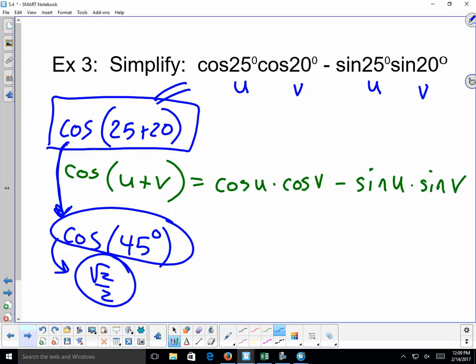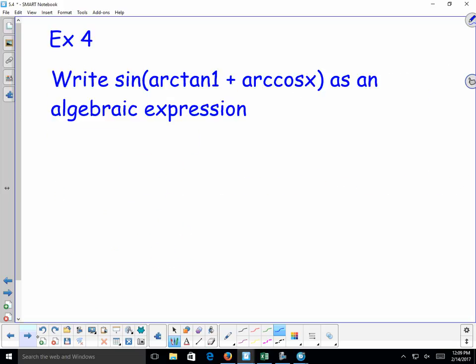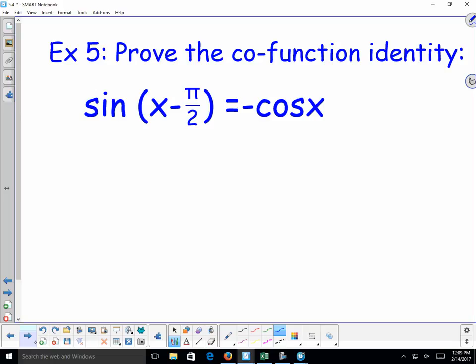All right, I want to skip over number 4, because that one is going to take us some time. But let's take a look at number 5. It says prove the co-function identity. Remember we talked about these co-function identities, well, this is a slightly different co-function identity because it's sine of x minus pi over 2 equals opposite of cosine of x.